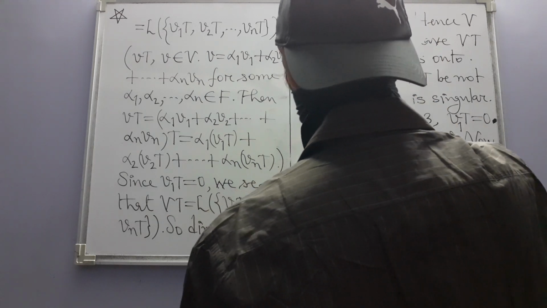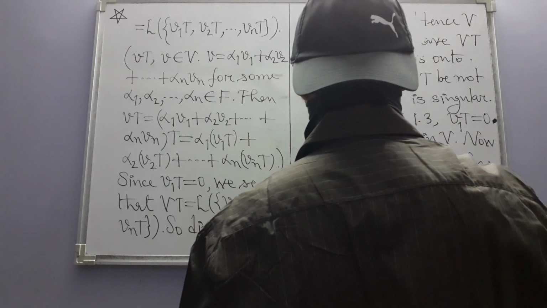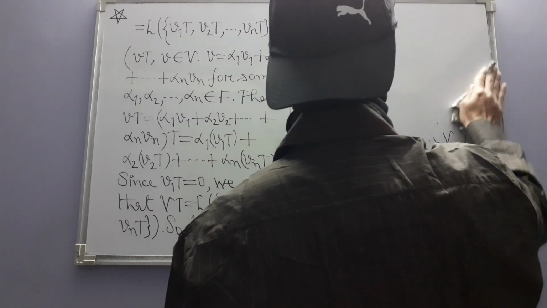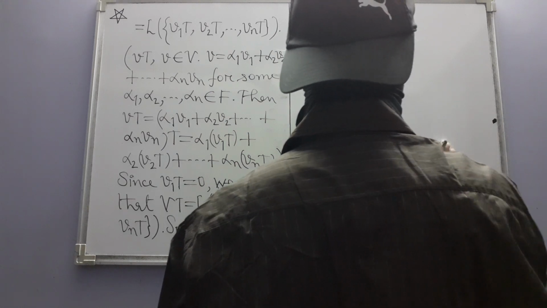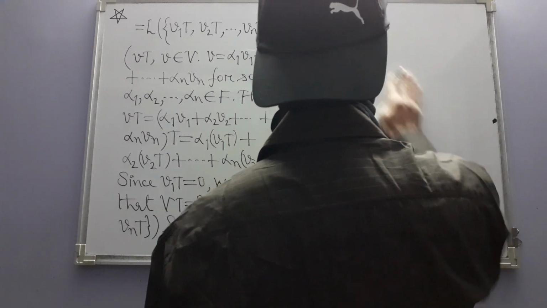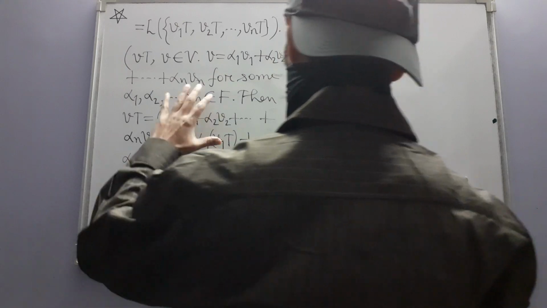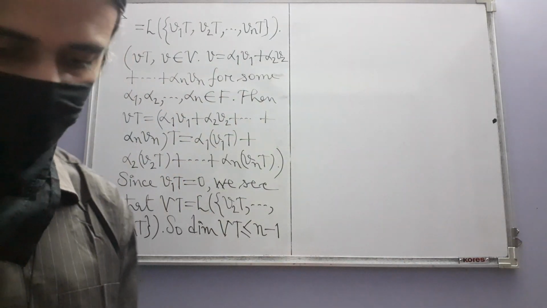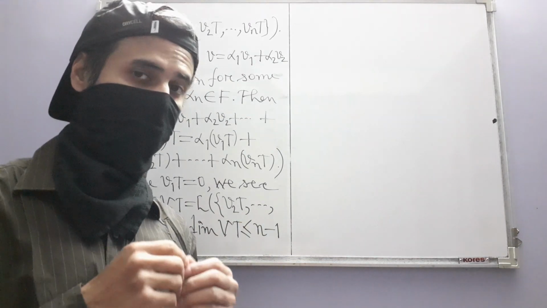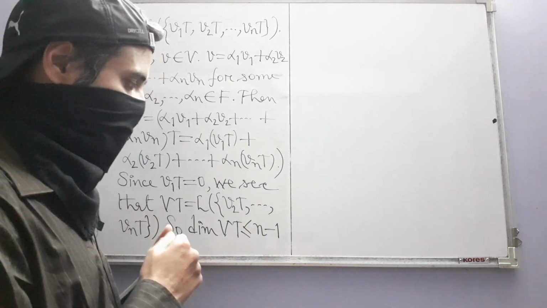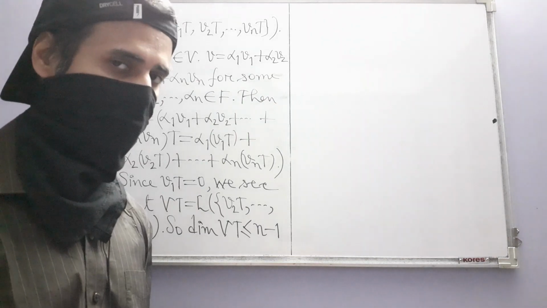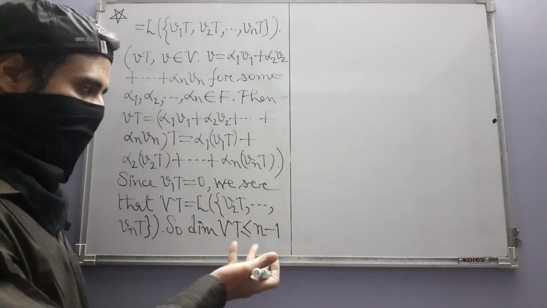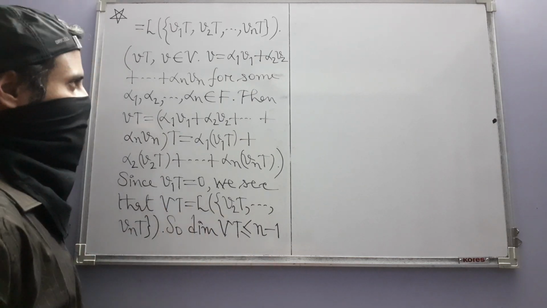And n is the dimension of V. Well, while explaining this, I should not have emphasized so much on distinctness, but rather on linear independence or dependence. But anyway, you understood why we have this.